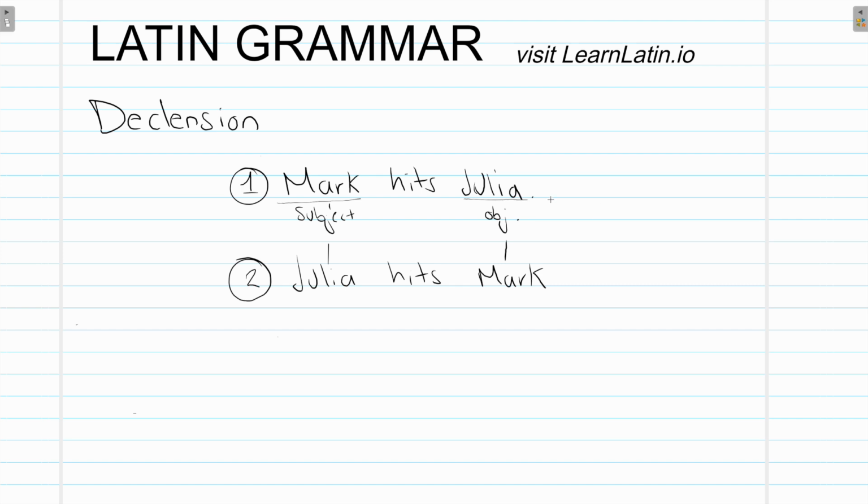In other words, in English, we know who does the action and who suffers or receives the action thanks to their order in the phrase. And notice that the words remain unchanged. Mark stays Mark and Julia stays Julia. Nothing changed in the shape or the form of the name.